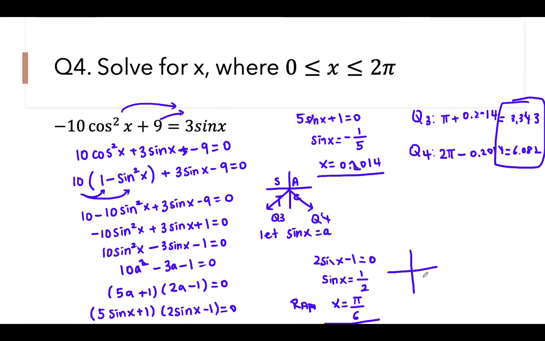And now we are going to do the CAST rule, C-A-S-T. Now let's ask ourselves, in which quadrants is my sine going to be positive? Sine is going to be positive in quadrant 2 and quadrant 1. In quadrant 1, we already know x is equal to pi over 6.